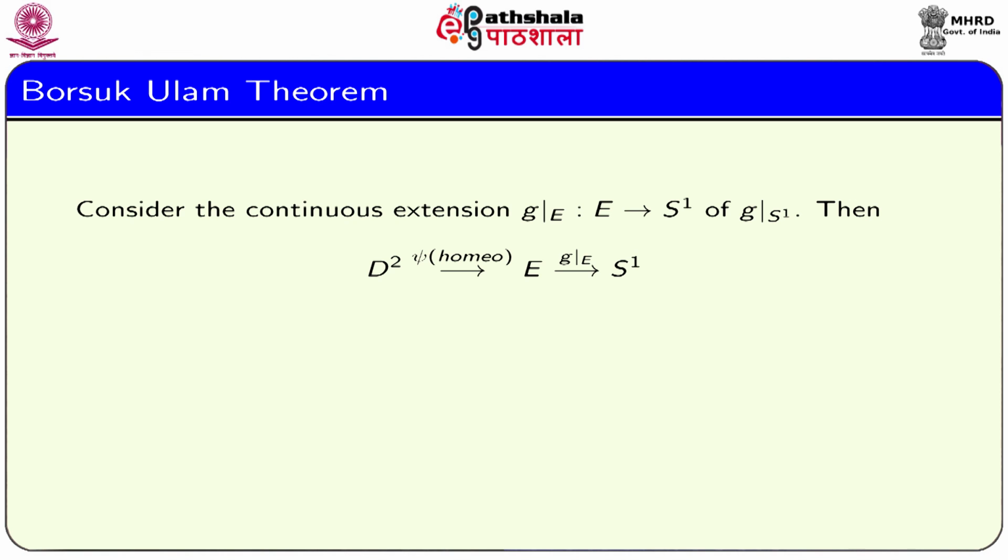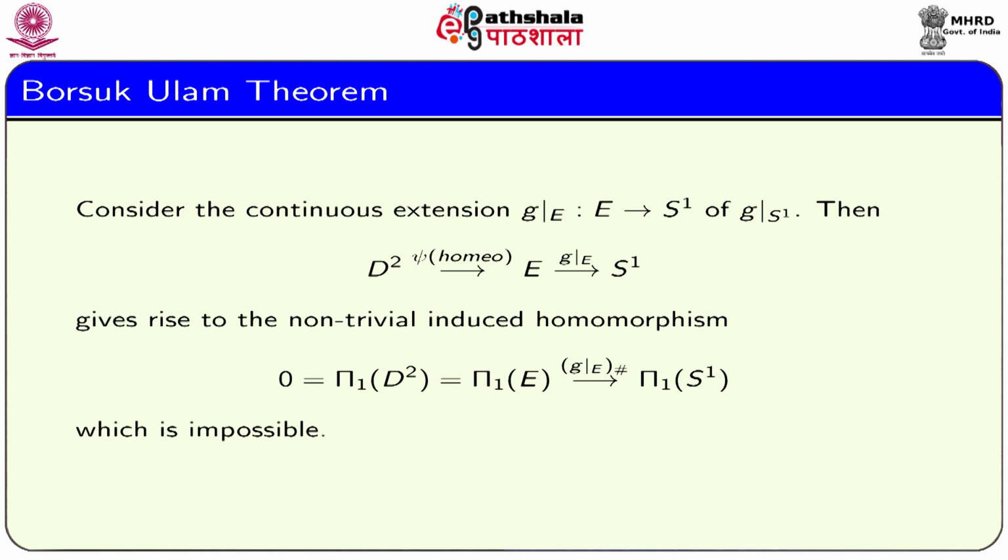Then we have the sequence of functions like this, that psi is a homeomorphism from D2 to E and G restricted to E is a continuous function from E to S1, and this gives rise to the non-trivial induced homomorphism G restricted to E sharp from pi 1 E to pi 1 S1.